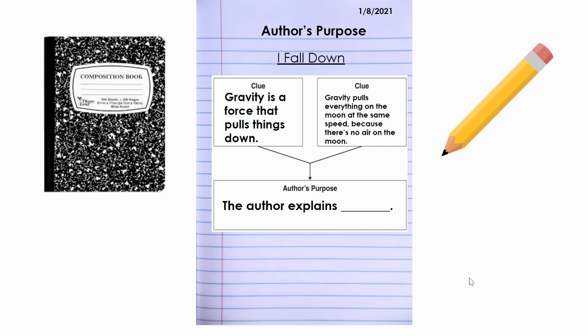What is our word that we learned mostly about in this story? When you know, go ahead and complete that sentence in your author's purpose box. Once you have written your final sentence for the author's purpose, you will have completed this assignment.